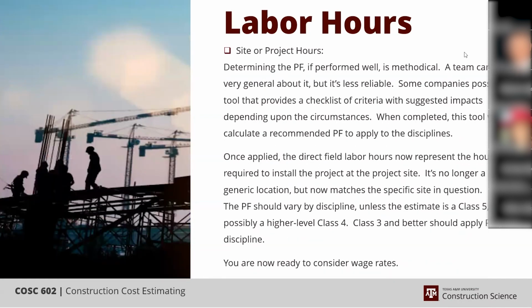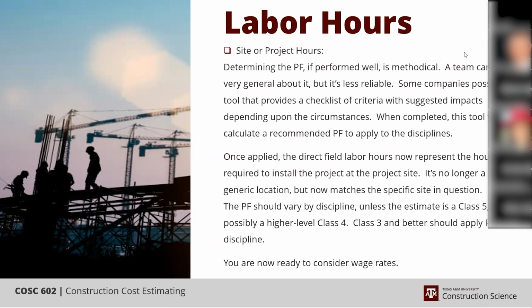So the key at this point is to develop a productivity factor that calculates all the impacts to your job site, and you apply that to your US Gulf Coast baseline.